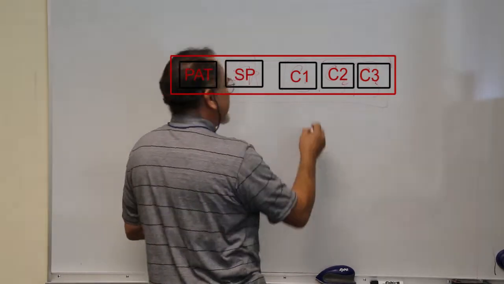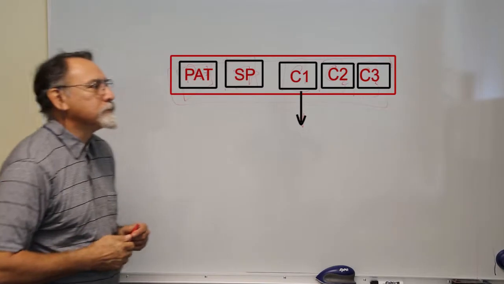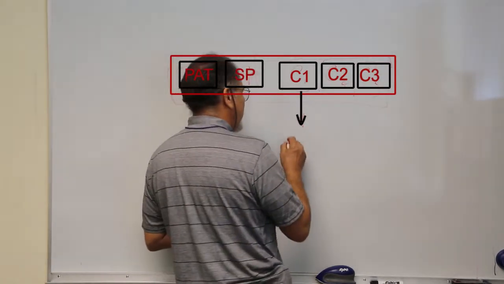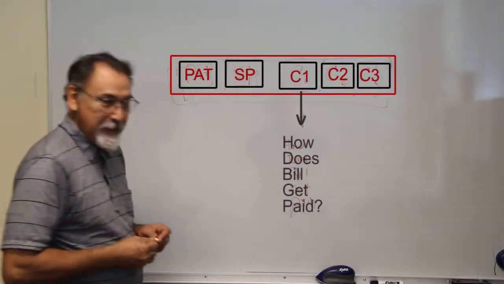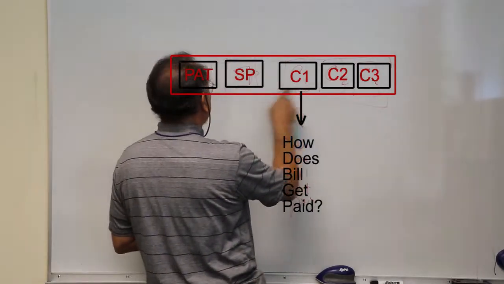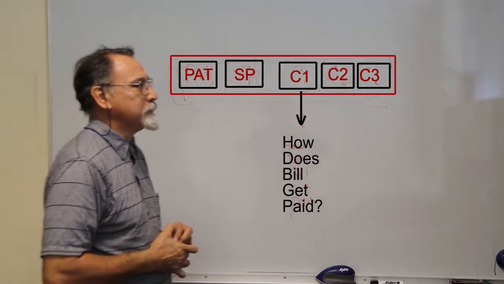If child 1 is ill and gets treatment, how does the bill get paid? I mean, who pays the bill? How do you connect this child to the patient holder, the subscriber?